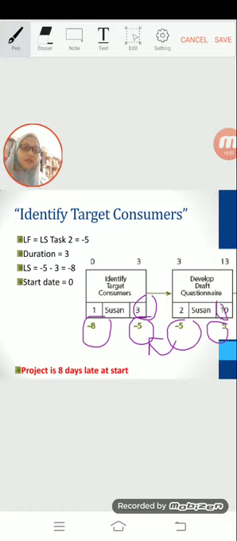Okay, therefore, the consumer market study project must start 8 days earlier than the planned start date in order to finish in the required 130 days. Mean the project is 8 days late at start. If they start 8 days earlier, they can finish at 130 days as per required.